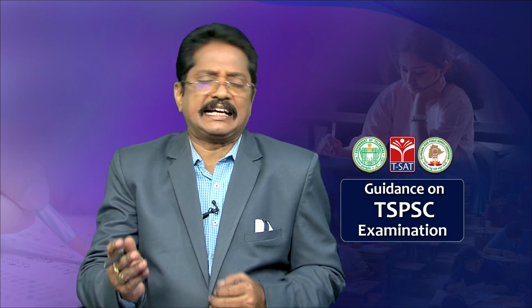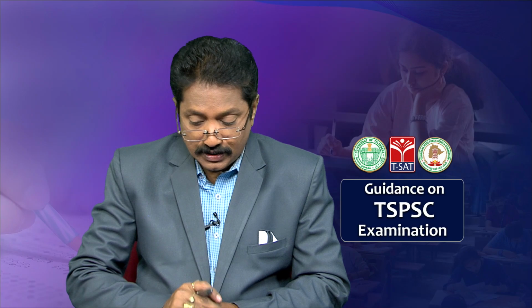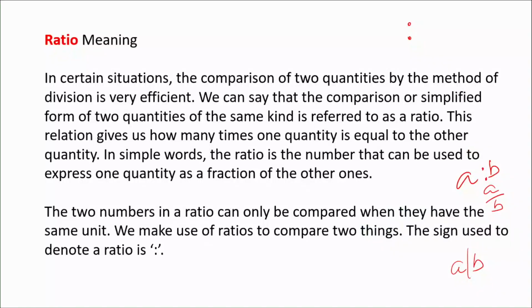Compare Fahrenheit to degree Celsius and degree Celsius to Fahrenheit, like any concept, any quantity: we are just comparing in the form of division, and that will be considered a ratio. The ratio is a number that can be used to express one quantity as a fraction of another. Clear?